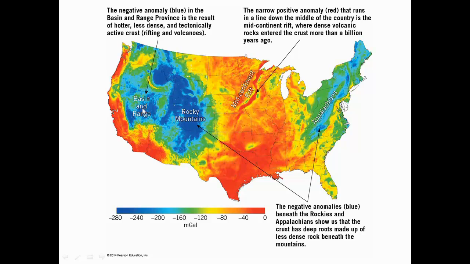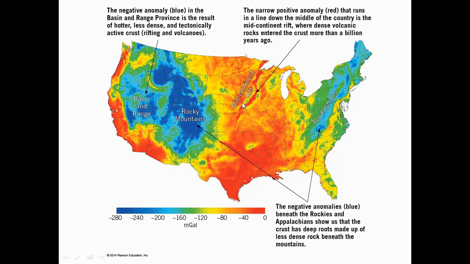Let's take, for example, the negative anomalies, the blue regions in the Basin and Range Province in the western United States. These negative gravity anomalies are the result of hotter, less dense, and tectonically active crust within this region. This is a region of active rifting and volcanic activity.